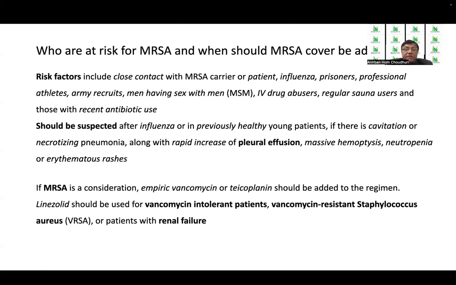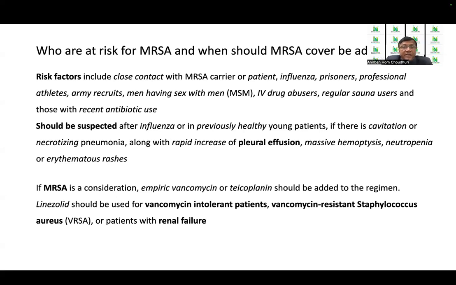But even if it is the cause, treating it is very easy because it will respond easily to penicillin. Because most of these Staphylococcus aureus will not produce penicillinase, and they will be susceptible to the normal antibiotics. However, if it is methicillin resistant, then the ordinary anti-Staphylococcus aureus agents will not work.